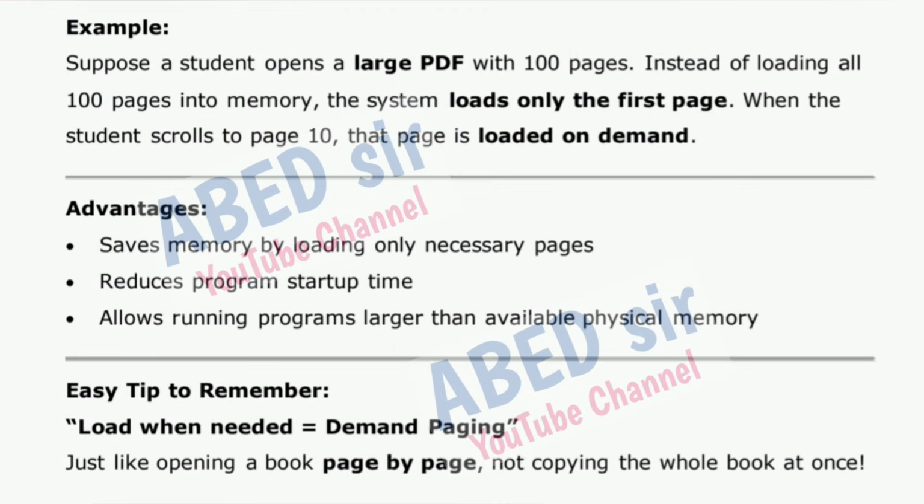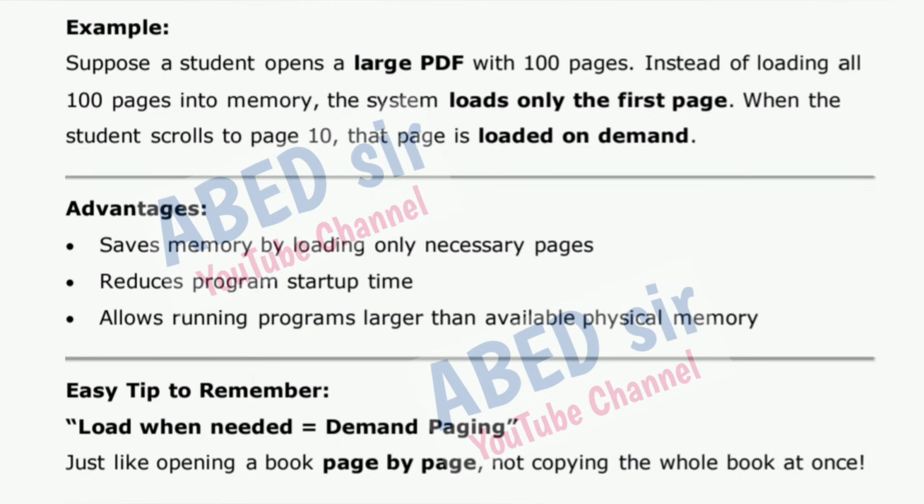Example: suppose a student opens a large PDF with 100 pages. Instead of loading all 100 pages into memory, the system loads only the first page. When the student scrolls to page 10, that page is loaded on demand.